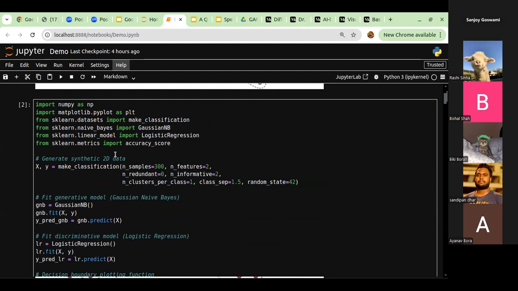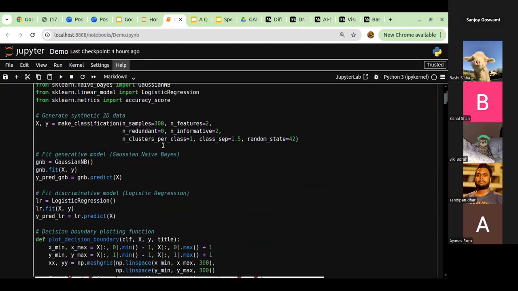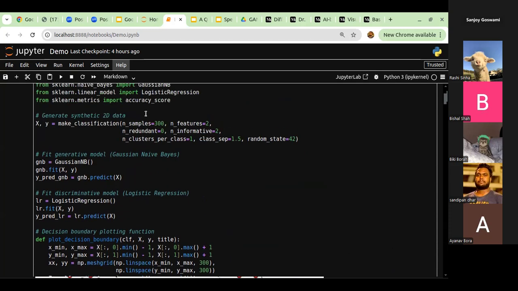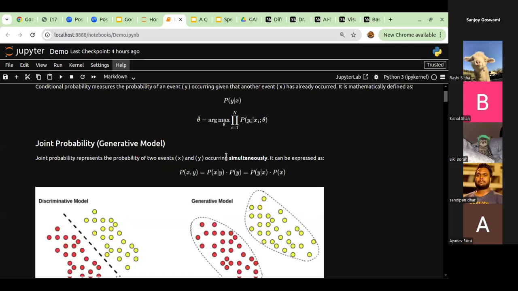First, I'm generating 300 samples having 2 features. Then I'm calling the Gaussian naive Bayes algorithm. I'll tell you how it works. It basically follows the joint probability estimation only.